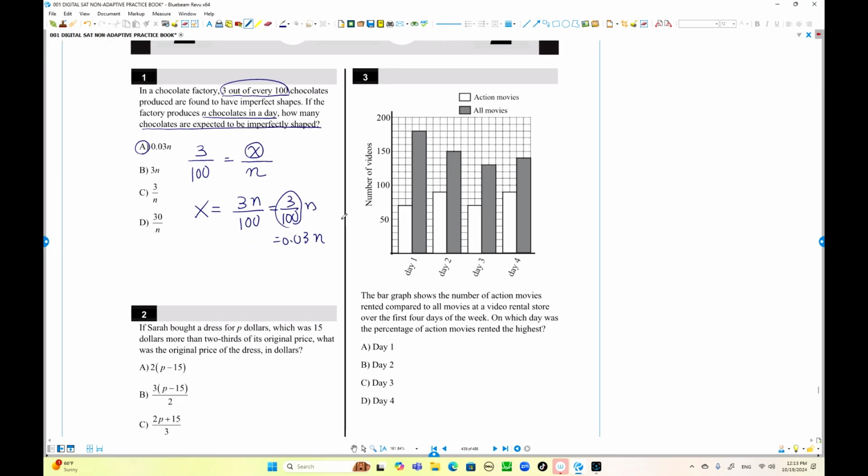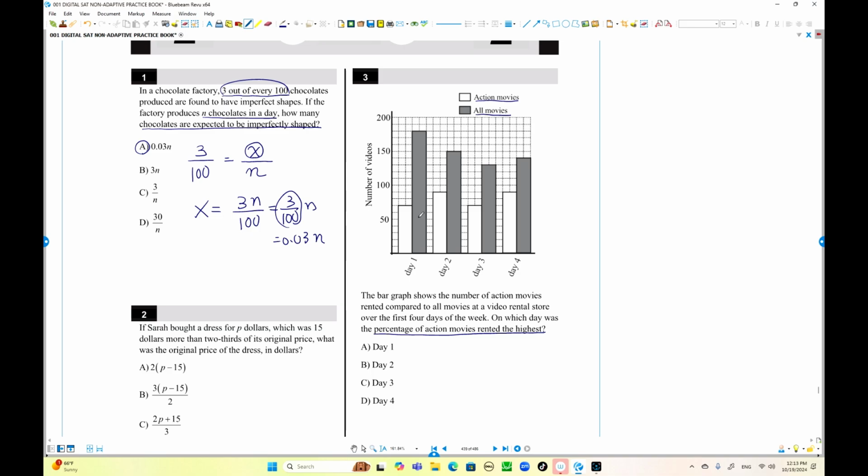Here's number 3. So we have a bar graph for the 4 days. The white bar is action movies. These are all movies, okay? Total number of books. So on which day was the percentage of action movies rented the highest? The ratio will be the highest point.